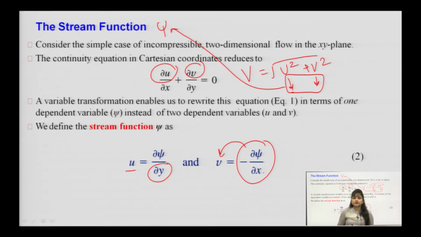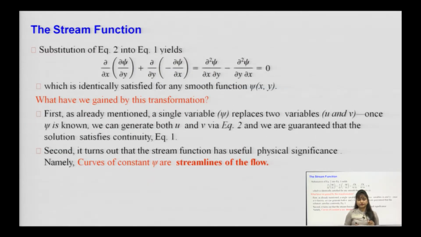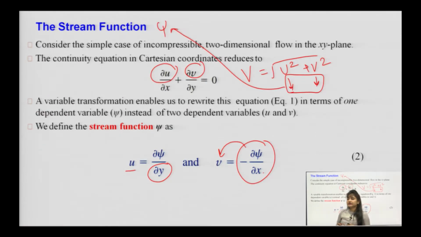Now, the question comes: why does this particular stream function exist, and how does it exist? What is the assurance that its role is vital or that it exists while the fluid is flowing? Previously you have seen this was the continuity equation for 2D flow.